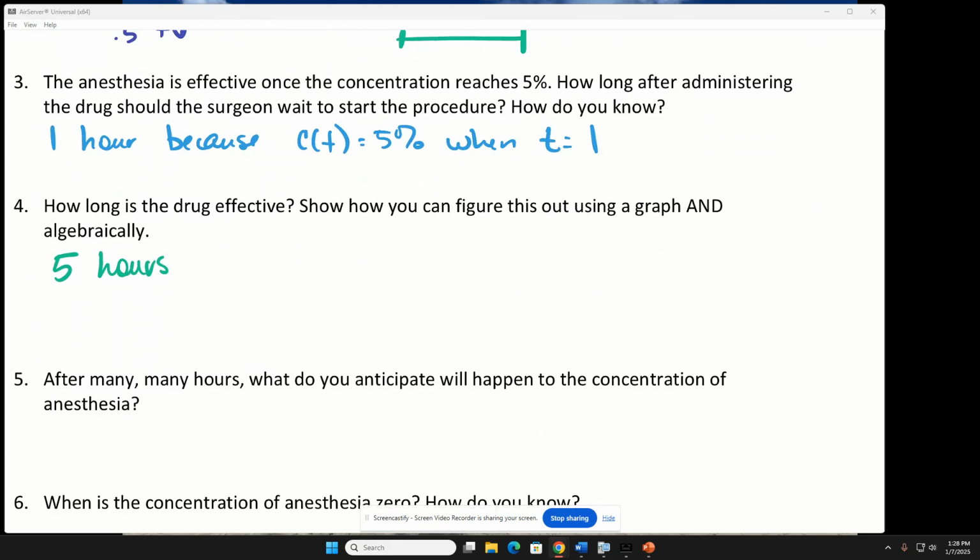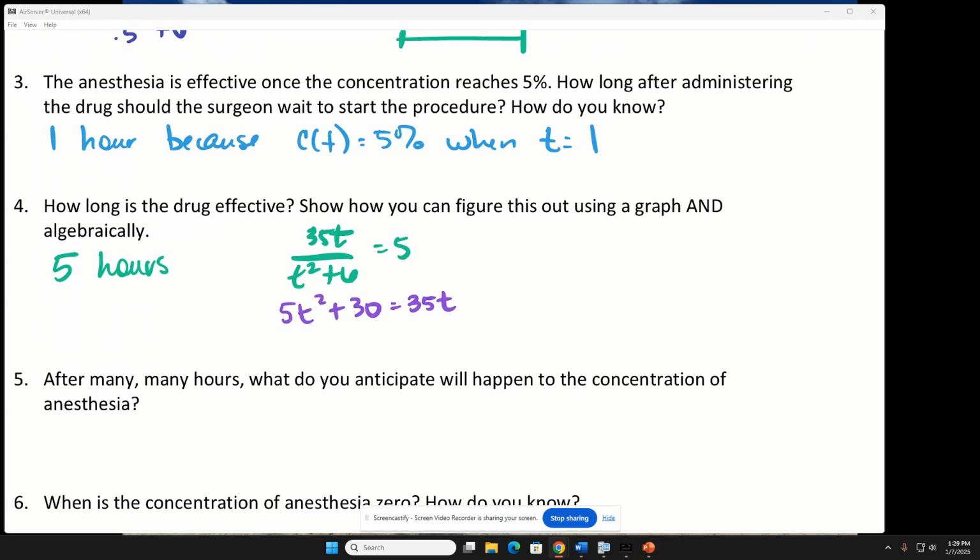So to show it algebraically, you take the function 35t over t squared plus 6, and you set it equal to 5. Now this is kind of a complicated equation to come back to the first day and start solving. But what you would do is anytime there's something in the denominator you don't want, you just multiply by it. So it would be 5t squared plus 30 equals 35t.